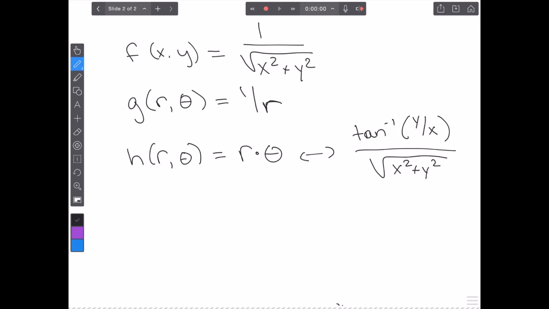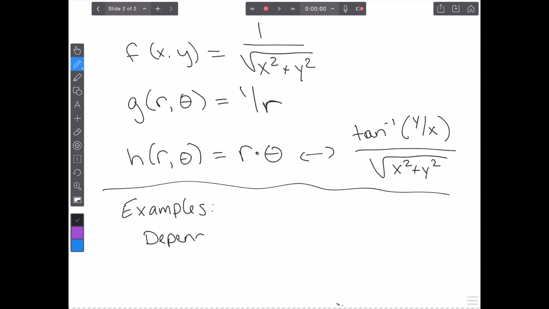So let's look at some specific examples, and I'll pull up this graphing software in a moment. Some specific types of examples might be where the function depends only on r.